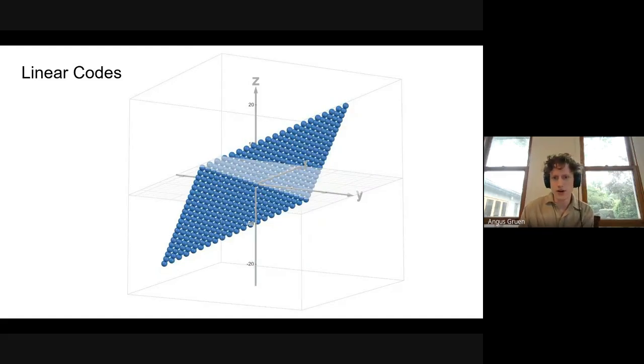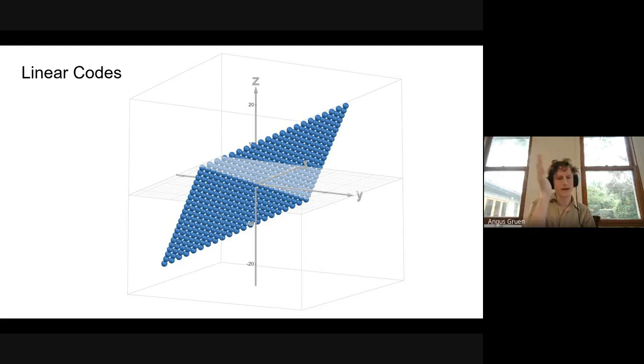So we're dealing with linear codes, and I think the way that you visualize linear codes probably depends a lot on exactly what you're using them for. But at least for Ben and I, and I think this will come through in our talk, the nicest way to visualize them is this picture: you can imagine a larger space. So here we have 3 dimensions, but in general you have many more.